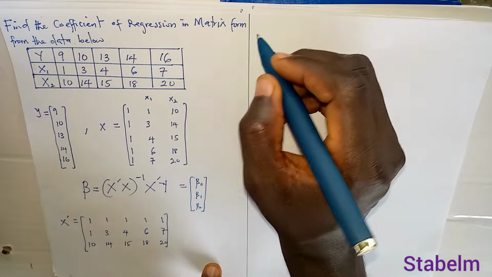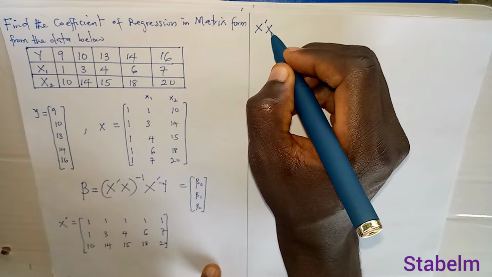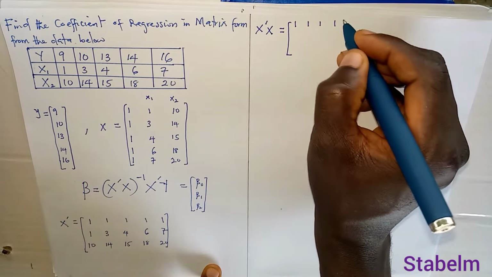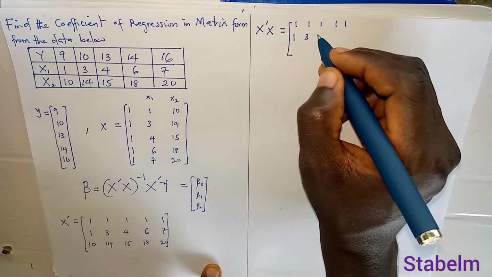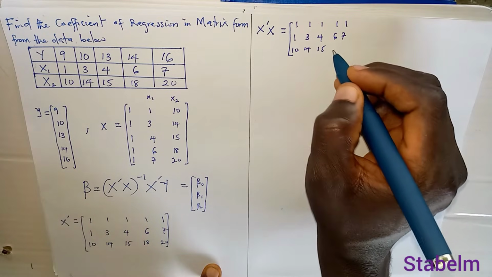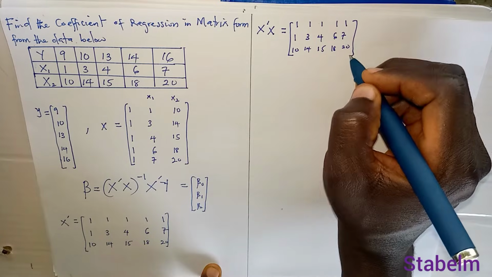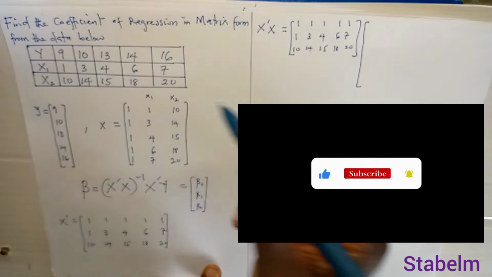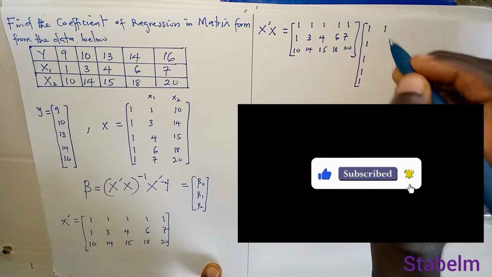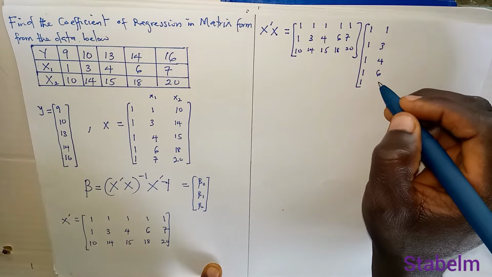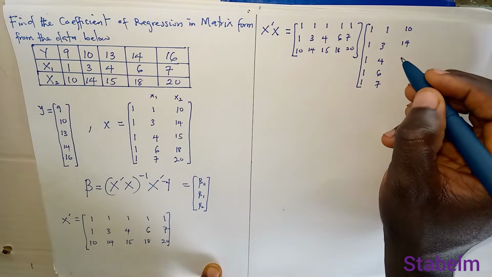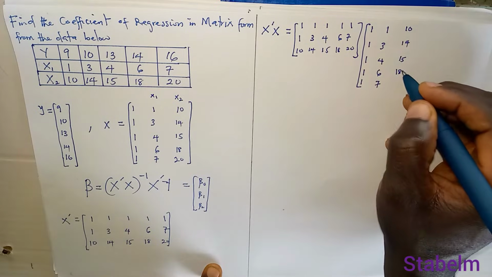It says x prime x will be equal to this matrix here: 1 2 3 4 5, 1 3 4 6 7, 10 14 15 18 and 20, multiplied by this matrix here, which is our x: 1 1 1 1 1, 1 3 4 6 7, 10 14 15 18 20.